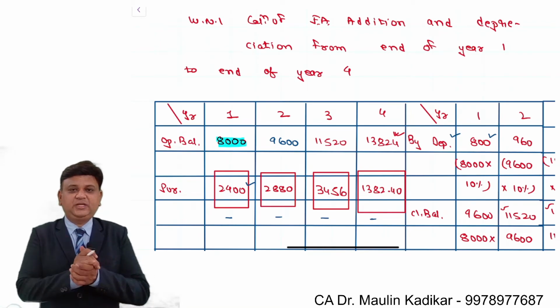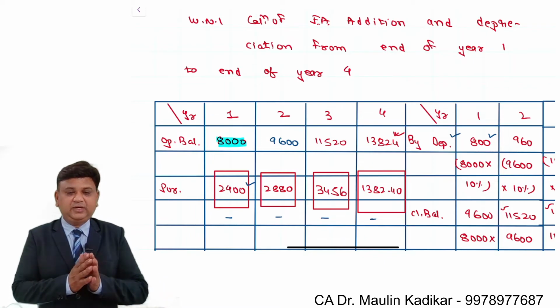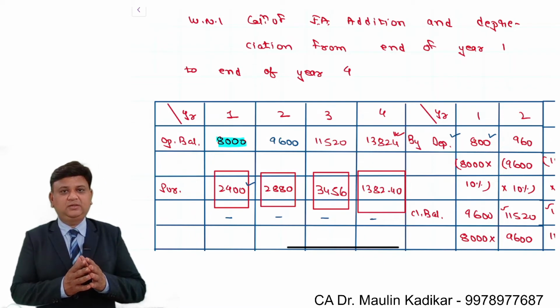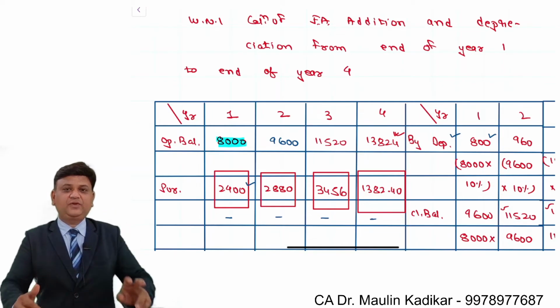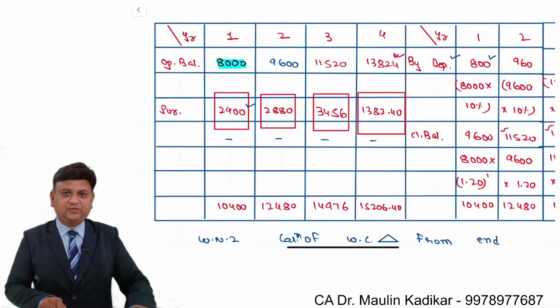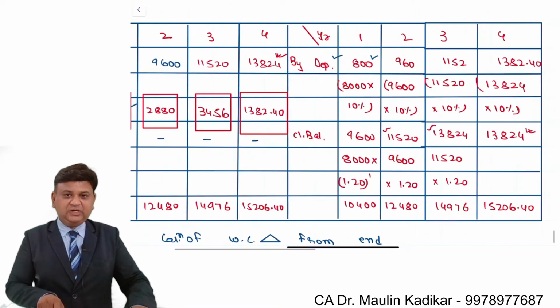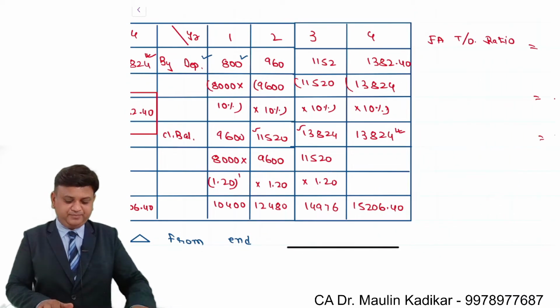So giving a summary of the working that we have done for calculation of the value of the equity with new sales strategy. The first working note is calculation of the depreciation and capital expenditure from end of year 1 to end of year 4. Importantly friends, the question is providing that the asset turnover ratio is remaining the same.